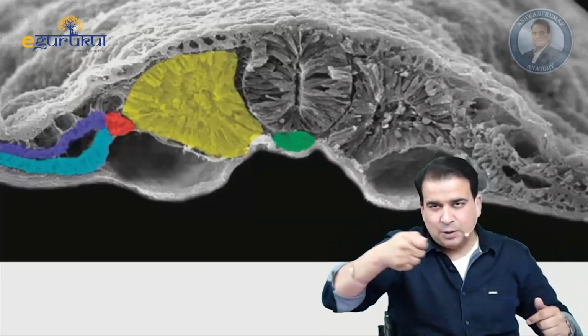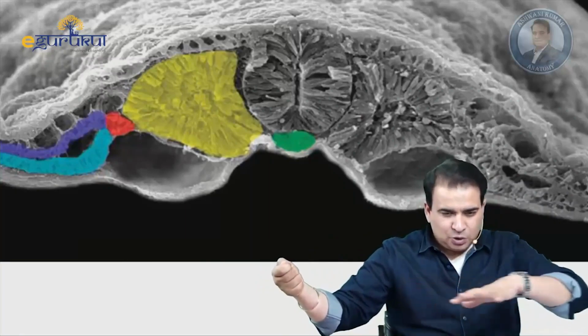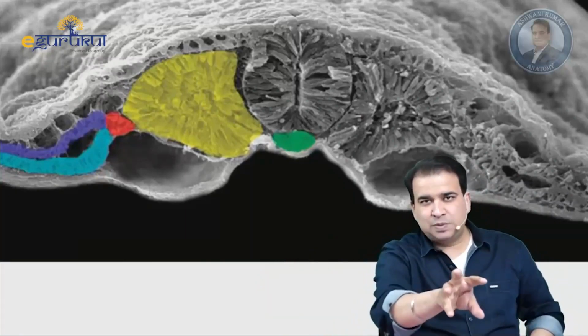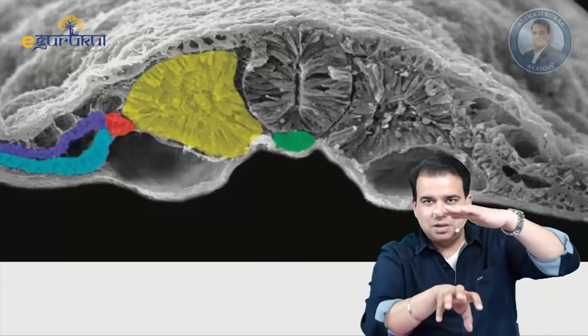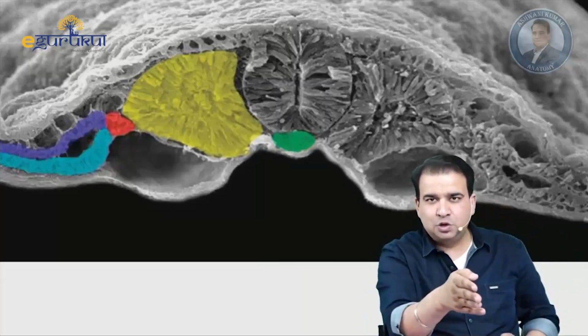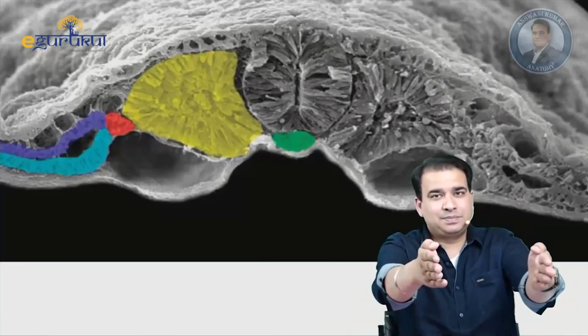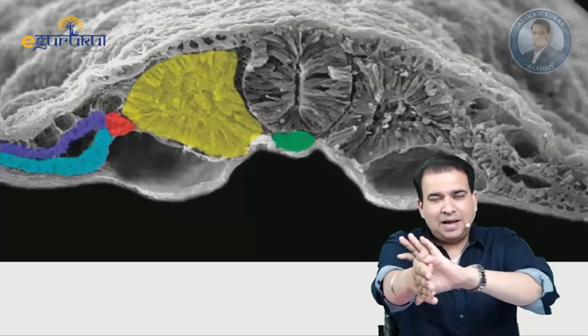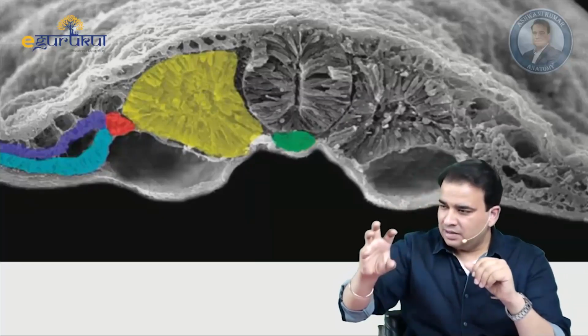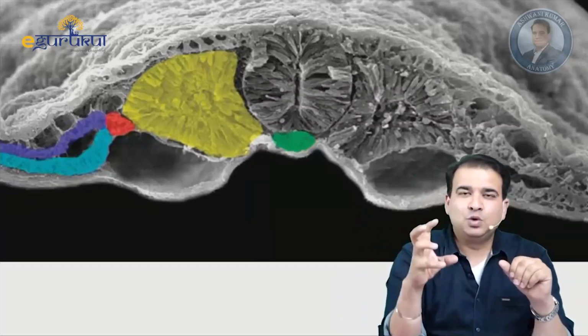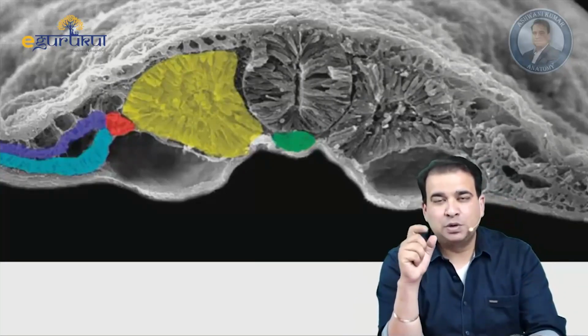If I remove the ectoderm, then in the mesodermal region I will see the neural tube in the midline, and on both sides of the neural tube, the paraaxial mesoderm. And in that paraaxial mesoderm, you will see some ball-like condensations present throughout, and those are called what? Somites, which will look something like this.